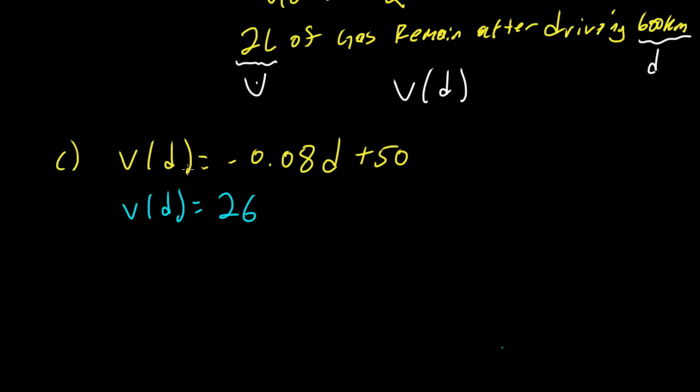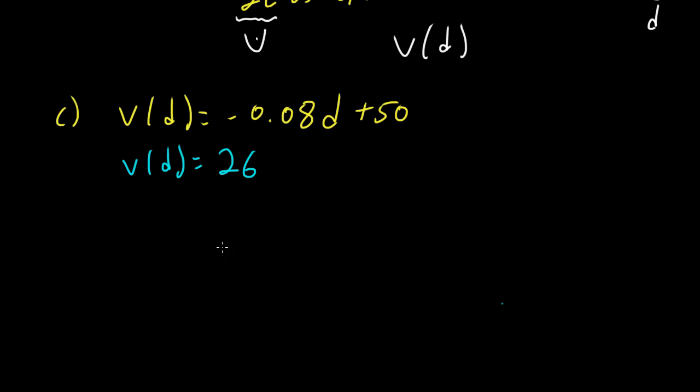Check it out: negative 0.08D plus 50 equals V at D, and I know 26 is equal to V at D. Both of these things should be equal to our same function, so we can set them equal to each other. We can say 26 equals negative 0.08D plus 50.